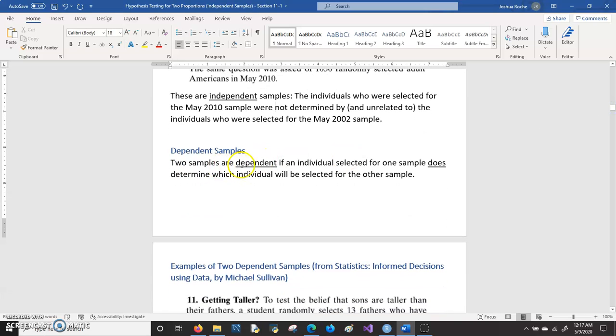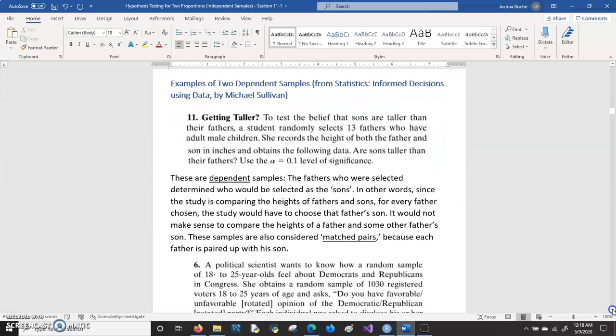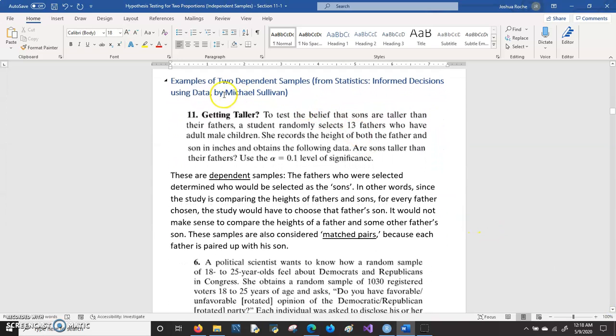Two samples are dependent if an individual selected for one sample does somehow determine which individual will be selected for the other sample. Here are a few examples. Both of these examples are also taken from our textbook by Michael Sullivan.